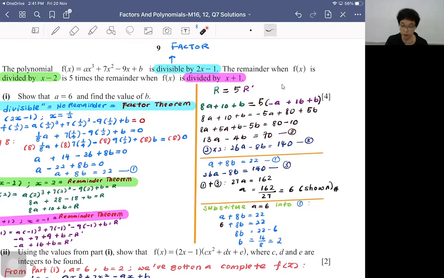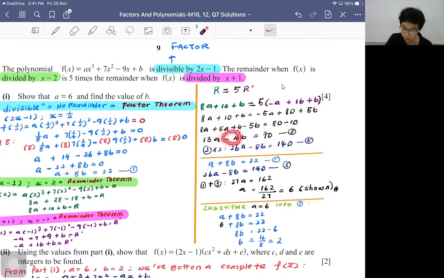Okay, so what I'm going to do is, because the first assignment given to us is to show that a equals b, therefore I intend to eliminate b, so that we can fulfill our assignment and declare mission done. For the first equation, the coefficient is positive 8b.